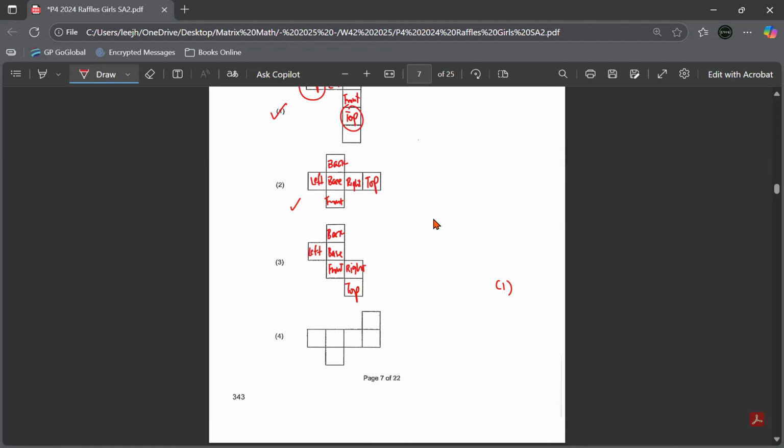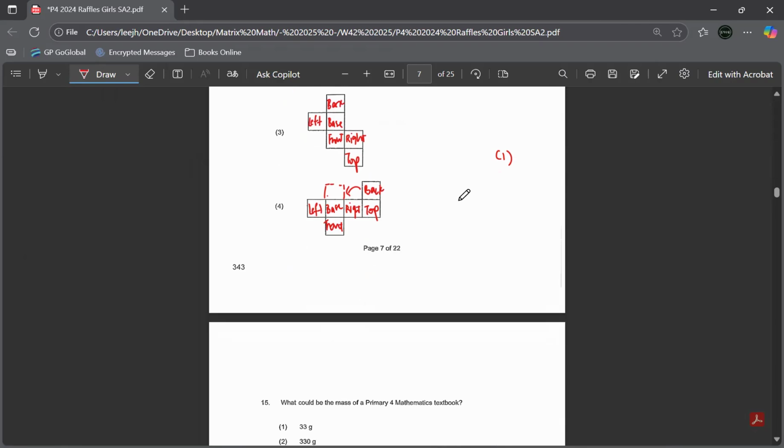So what about this? We take this as the base. This is the left. This is the front. This is the right. This is the top. And this will be the back, because this one you flip back down here. Understand? This one is here. So the answer is option one.